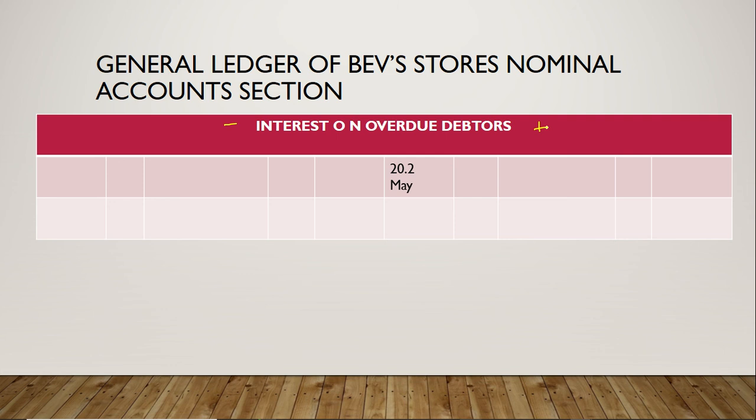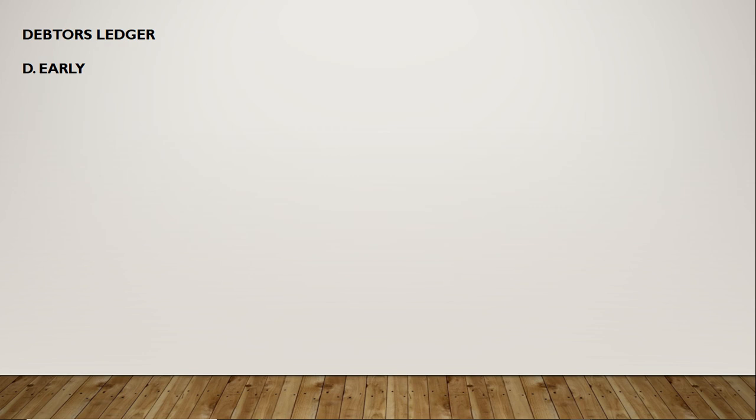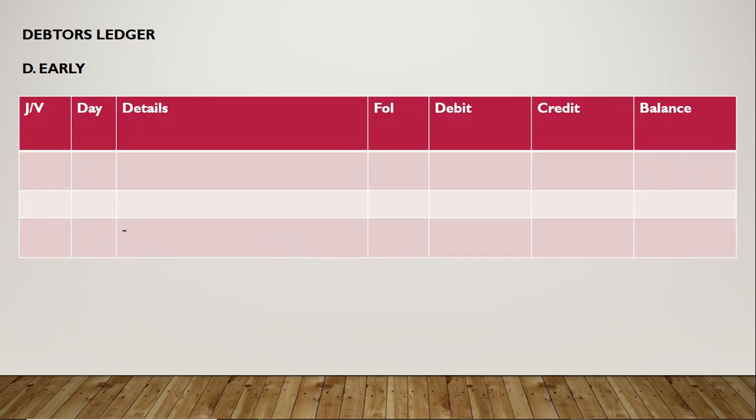This is interest income. Income increases on the credit side, so we'll just write sundry accounts, general journal, and the amount will be 144. DLE's balance will be 3,600. Interest on overdue debtors will be on the debit side.